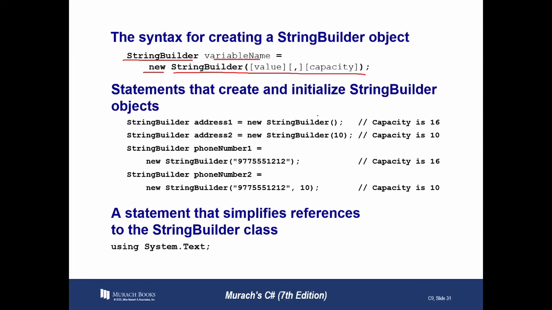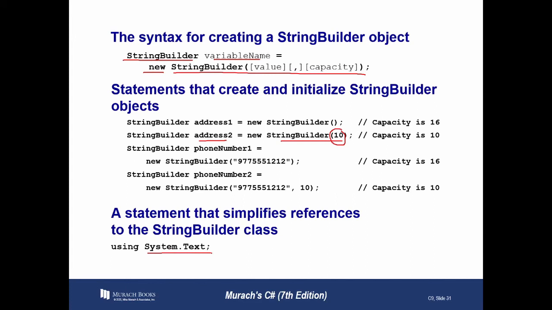Okay, so if you look at this one as an example right here, right off the bat, we call this one argument constructor and we assign it the capacity of 10. Okay, in this original initialization of address 2. And here's the thing that you have to understand.